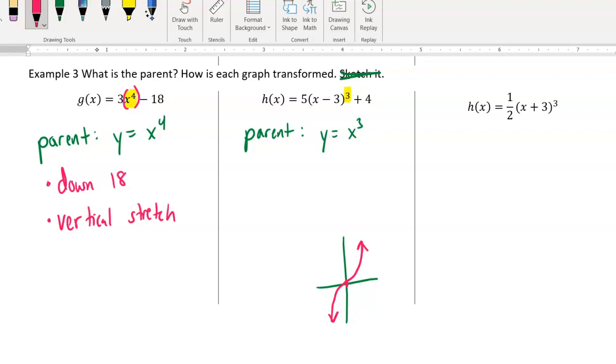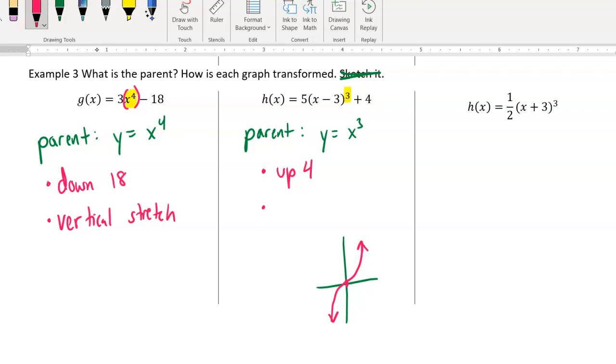So what's going to be the impact? Well, the plus 4 means it's going to move up 4 units. And the minus 3, that's inside of the parentheses, so that's happening directly to the x. It's happening inside the parent function because that cube is outside the parentheses. So remember, that means we do the opposite.